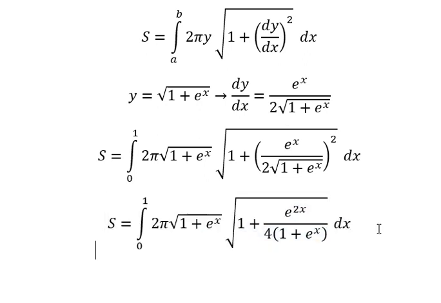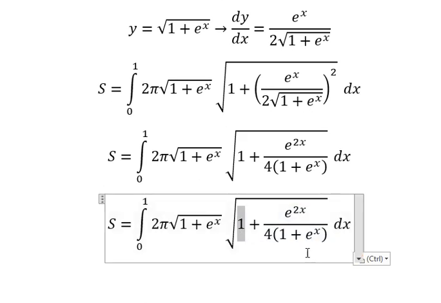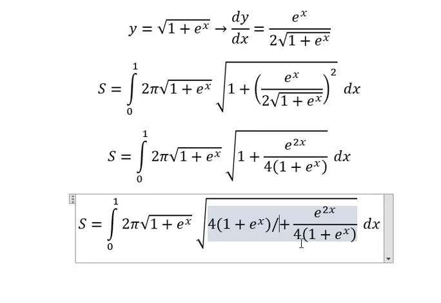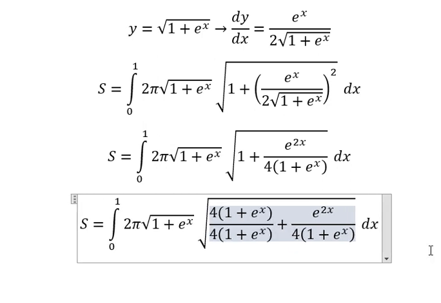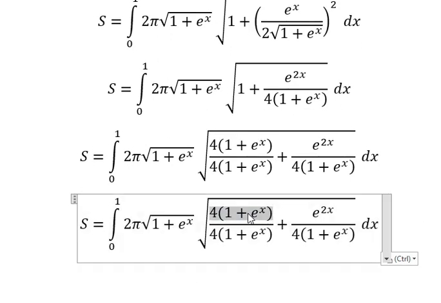Next, we can do the common denominator with number 1. So this one we have number 4 plus number 4e to the power of x.